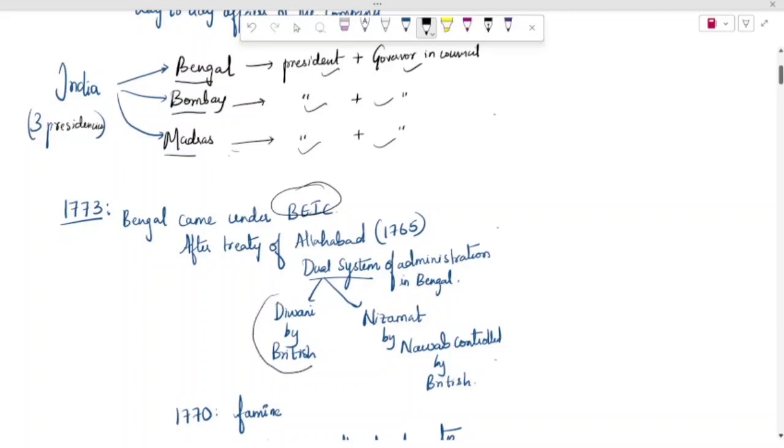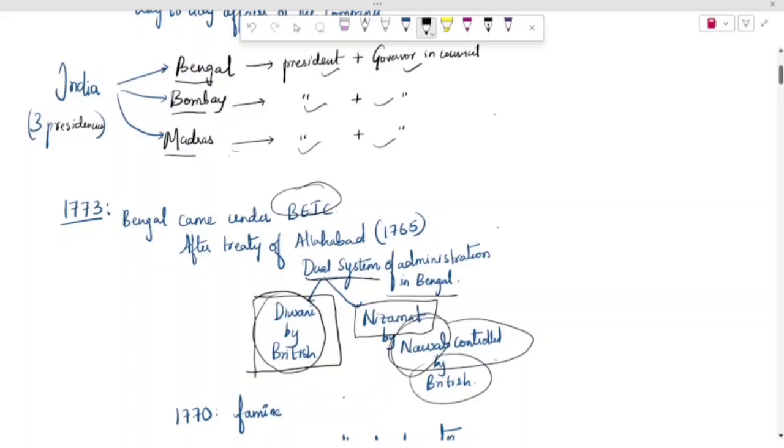So they got revenue collection rights, and with the help of the Treaty of Allahabad in 1765, they started a dual system of administration in Bengal. It means they got revenue collecting rights, while the Nizamat, the civil administration, was with the Nawab at that point of time, but that Nawab was a puppet under the British.